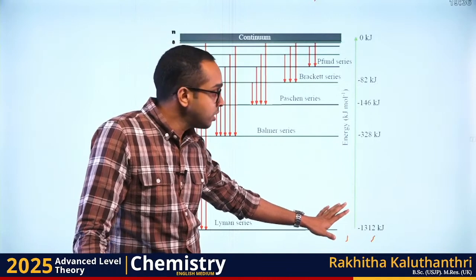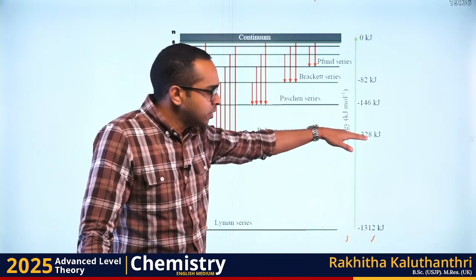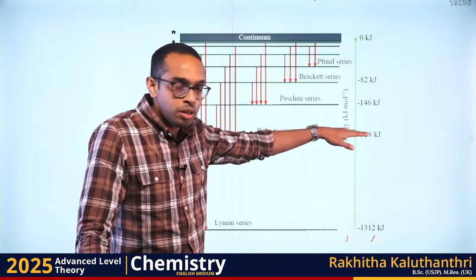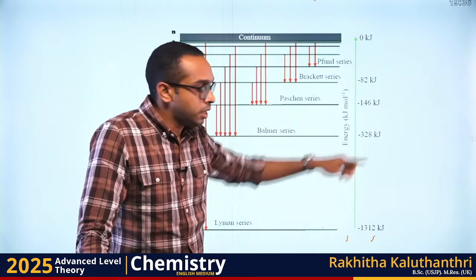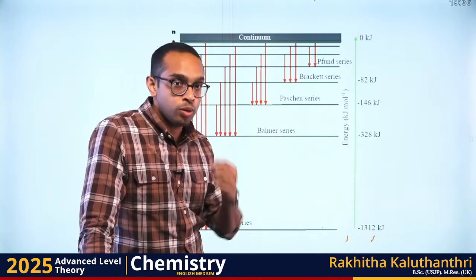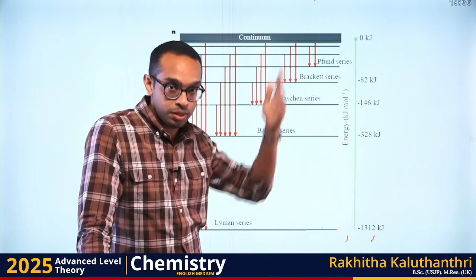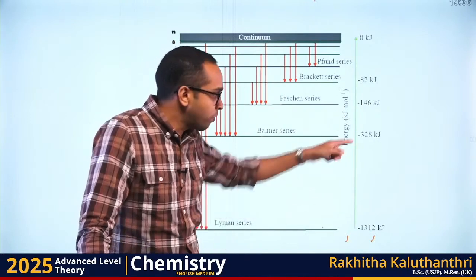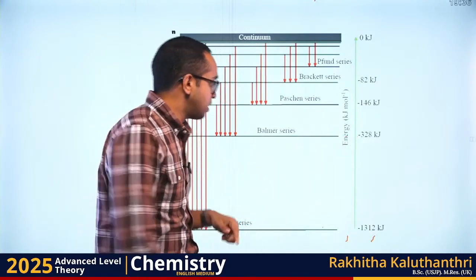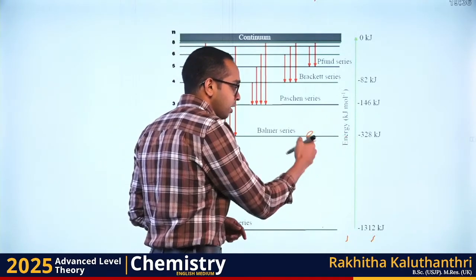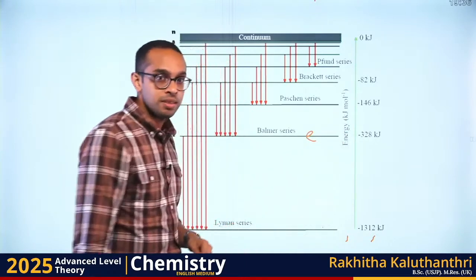And then you can see the second energy level holds only 328 kilojoules per mole less energy compared to free electrons. So obviously this particular energy level holds electrons that have a high amount of energy, right?